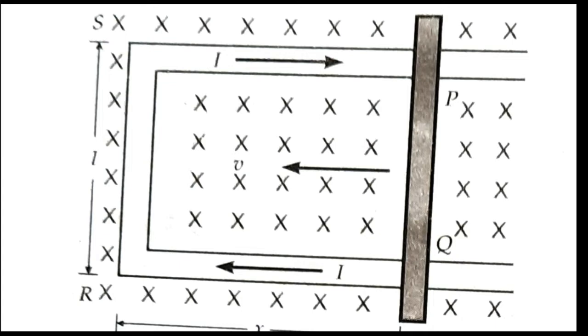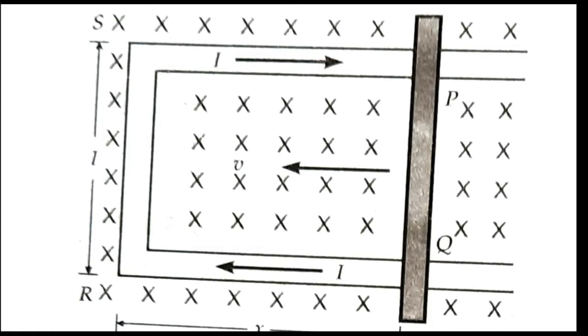Now in this setup, we assume that the resistance of the conductor PQ is R, and the rest of the conducting portion, that means we have a rectangular frame PQRS, offers negligible resistance in comparison with the resistance of conductor PQ.